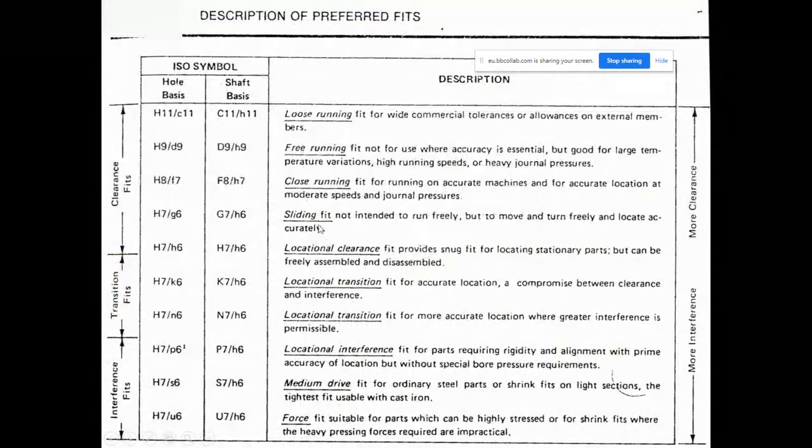You see here, the selected fitting type is close running fit. If it is a close running fit, then the masculine entity is to be sized using F7 as the tolerance grade, and the feminine is H8.